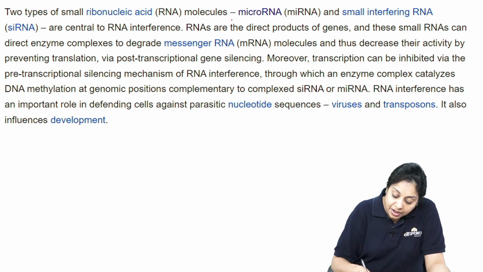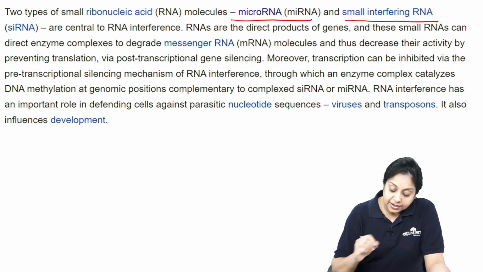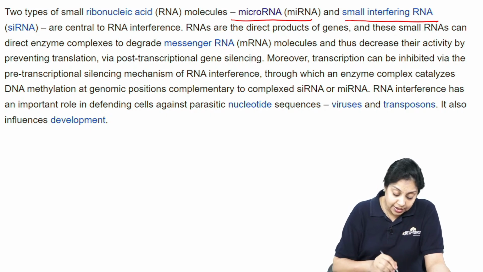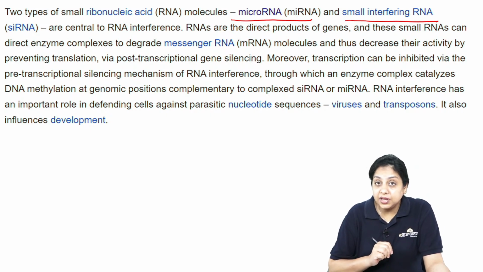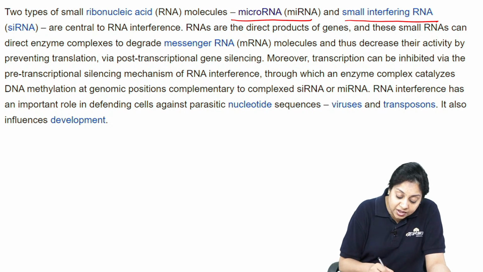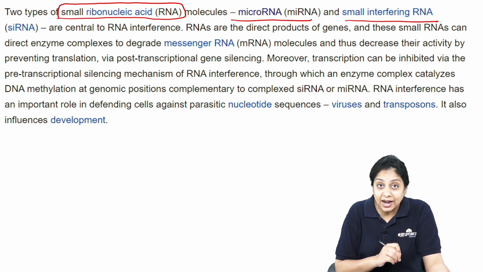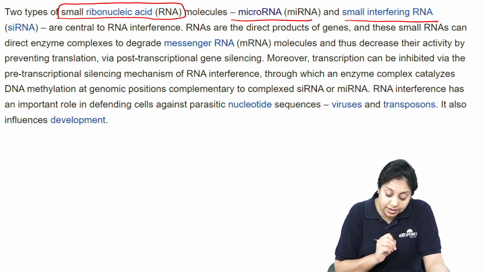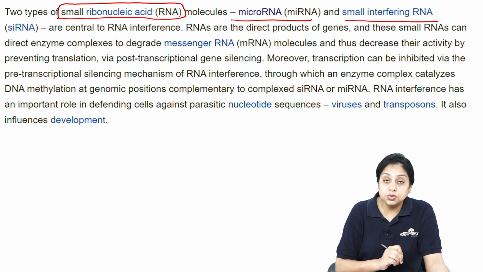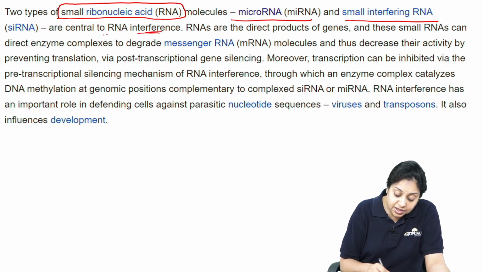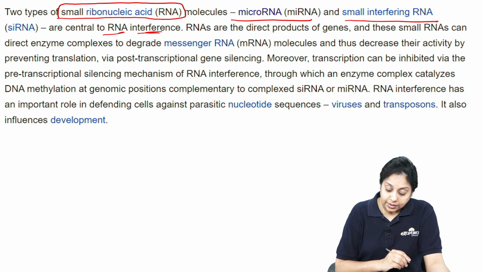The miRNA and siRNA stand for microRNA and the small interfering RNA. And they are what? They are small ribonucleic acid. RNA is ribonucleic acid. Are they large or small? They are small ribonucleic acid, which is going to interfere with the RNA, right?